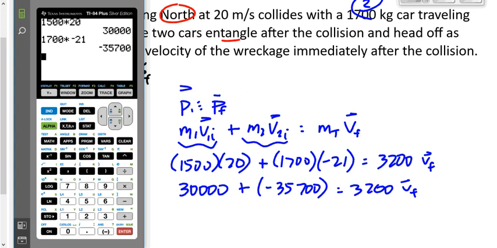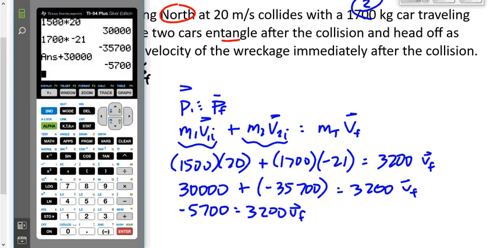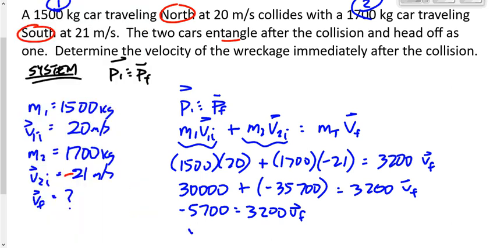Combine those two numbers on the left side: negative 5,700. And then we're going to take the 3,200 over by dividing. That gives us negative 1.8 to 2 digits.